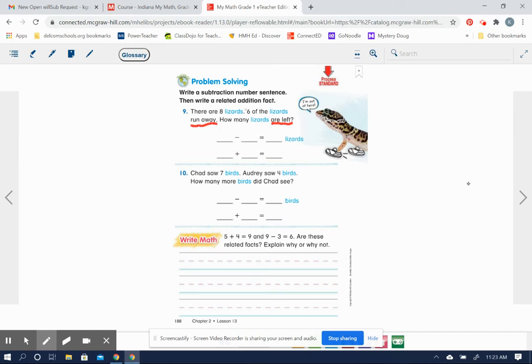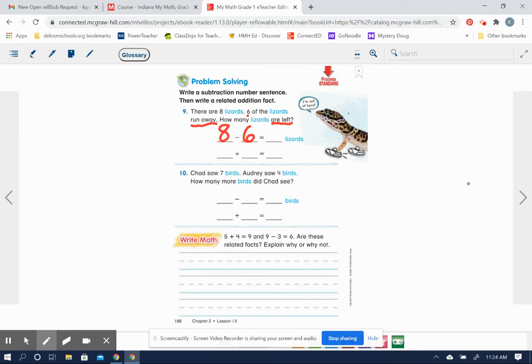We would have, how many lizards were there to start with? It says there were 8 lizards. So we're going to start with 8, and 6 of them ran away. So first we have got to figure out if 6 ran away from 8, then how many lizards were left?